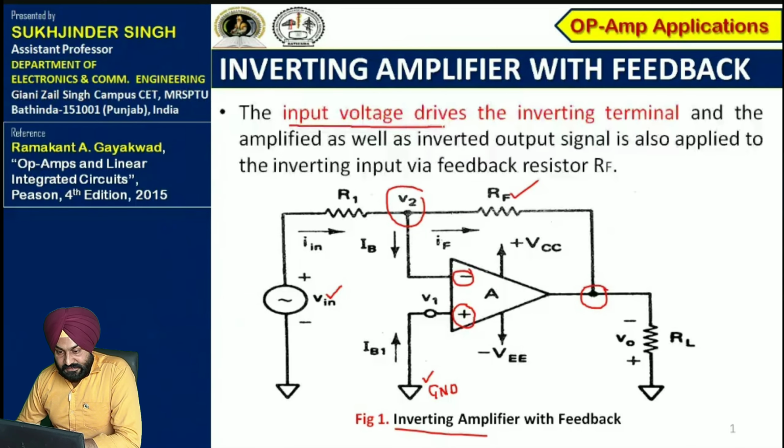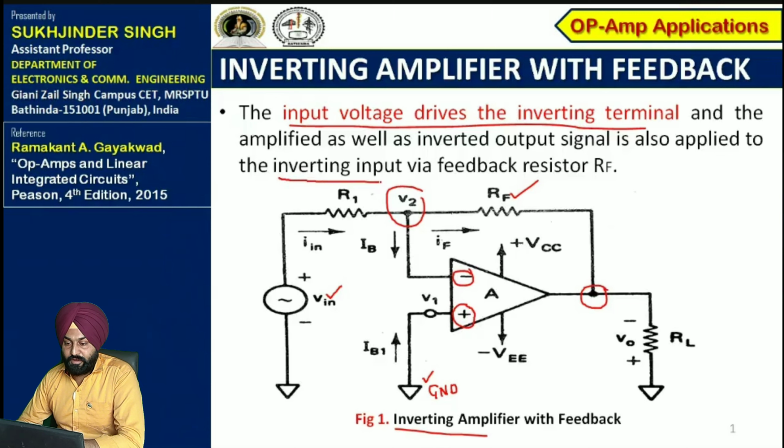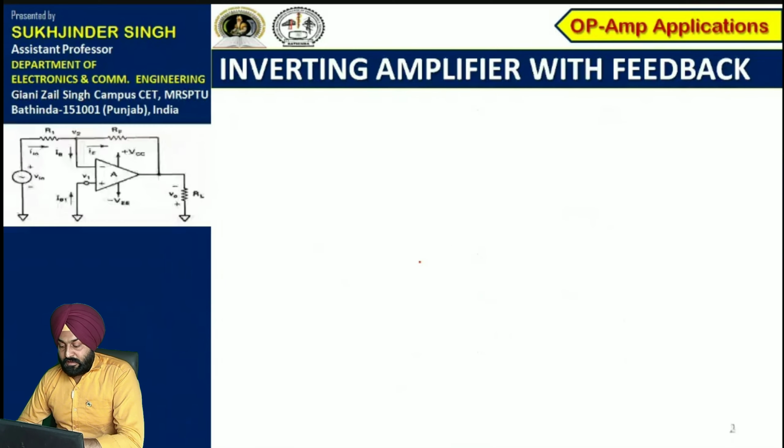So in this case, the input voltage drives the inverting terminal, and the amplified as well as inverted output signal is also applied to the inverting input via the feedback resistance. So at the inverting terminal, there are two types of signals. One is the input signal, another one is the feedback signal.